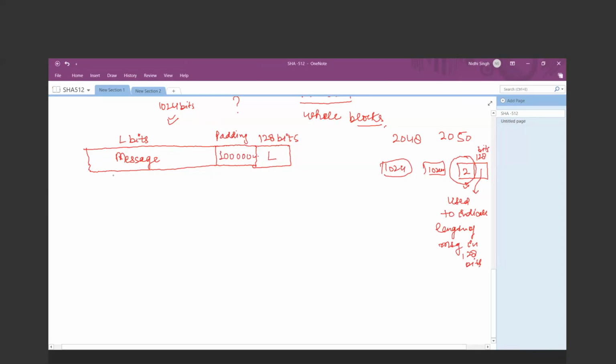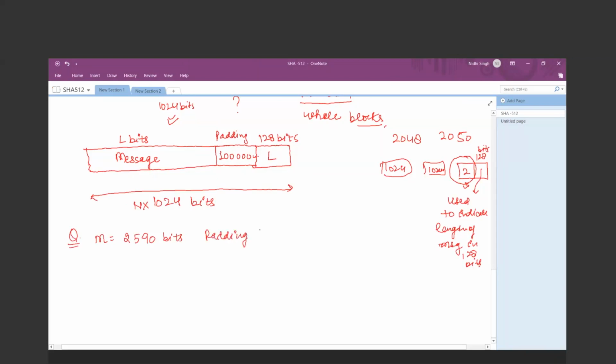Now, we have to perform the padding in such a way that the whole block must be a multiple of 1024 bits. For better understanding, suppose my message size is 2590 bits.